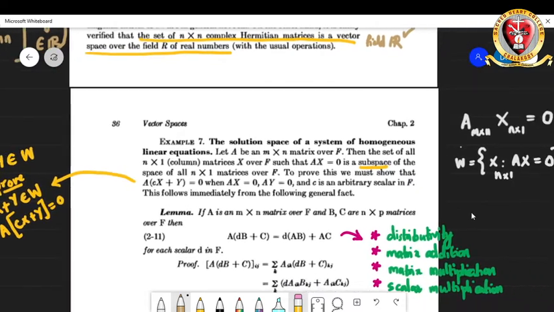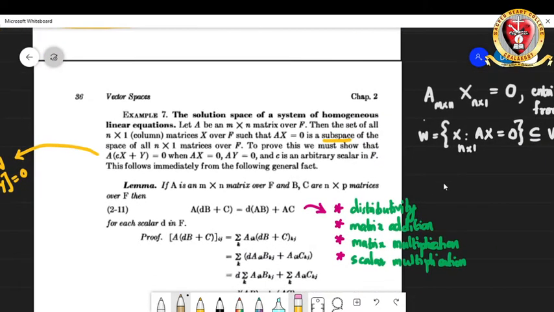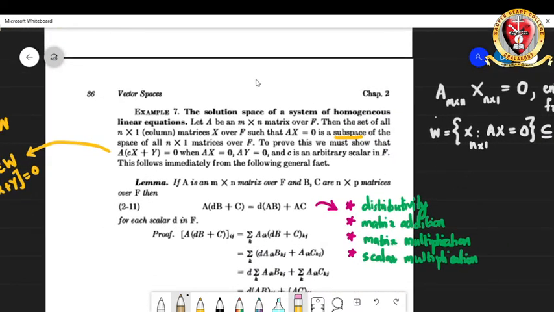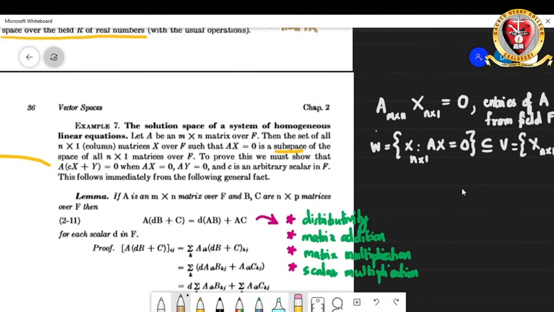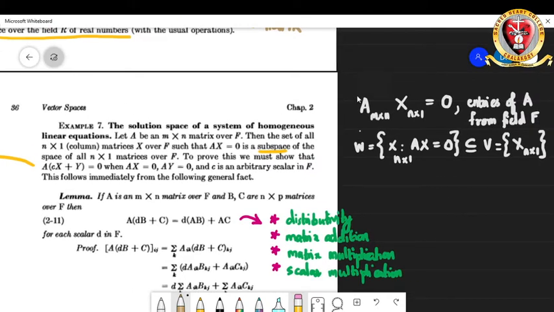The next example is the solution space of a system of homogeneous linear equations. A system of linear equations can be written in matrix form like this. If A is a matrix of order m by n, and x, an n by 1 matrix, is the solution of this equation Ax equal to 0.